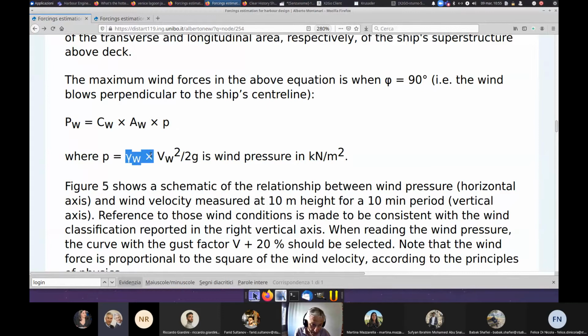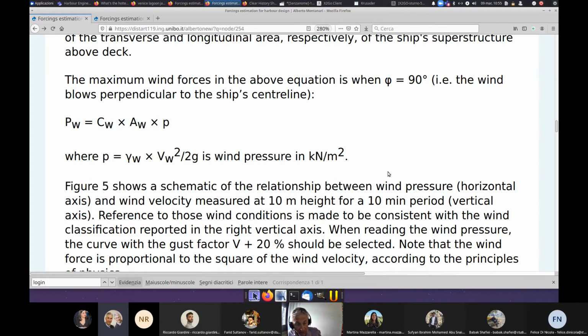P is the product of these two factors, which is wind pressure. Okay, and I'm providing in a figure just below a schematic representation of the relationship between wind pressure and the wind velocity.